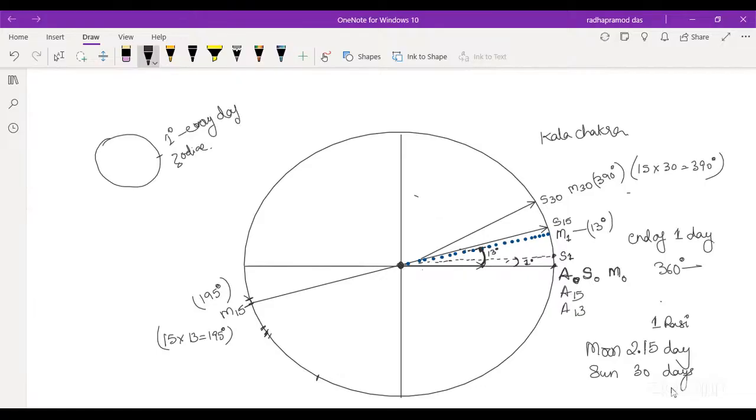So today it is here, tomorrow here. So it is just moving one degree. And the sun is completing the whole circle in 1 day. By the time the sun comes here, the zodiac just moved 1 degree. And again the sun comes to the same point, the zodiac moves 2 degrees.